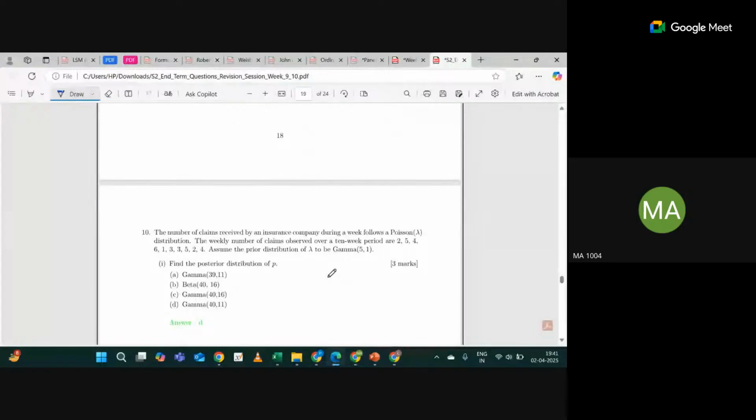Okay, there is one more question. I would request you to try this question again. Here the prior is different and the likelihood is also different, so you have to use this part. I will give you 2 to 3 minutes. Solve this and let me know whether you are getting option D as correct.